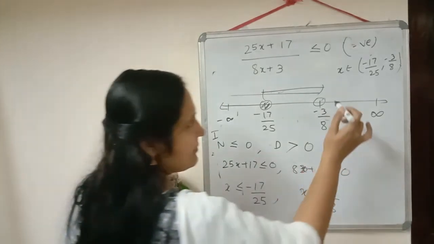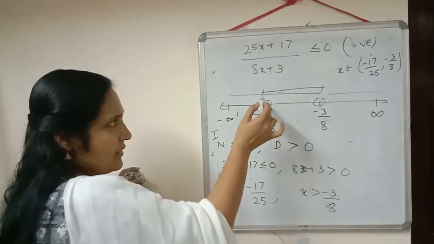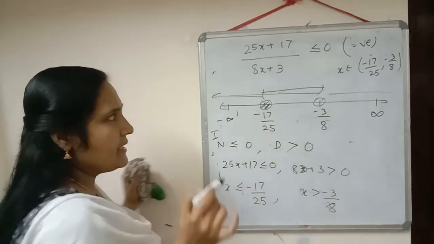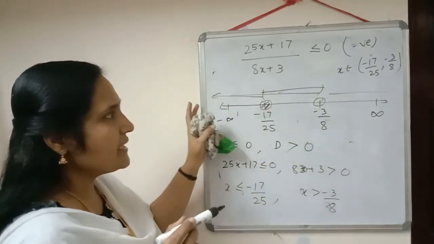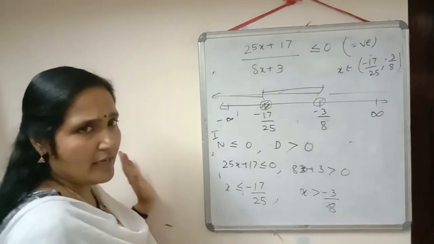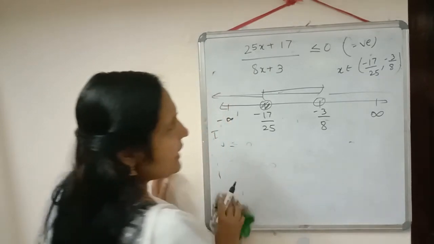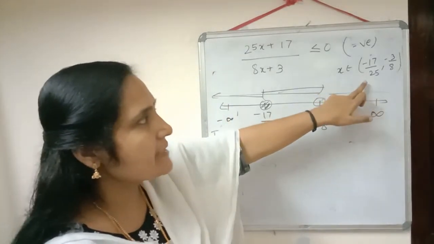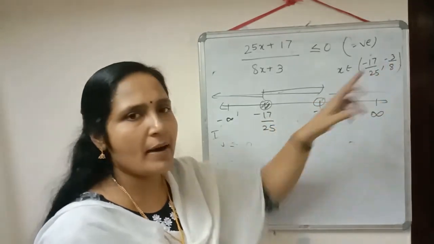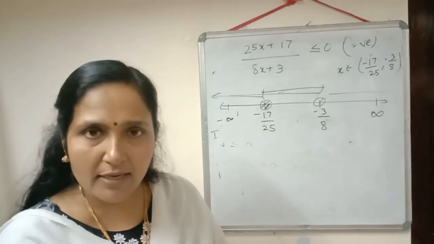Greater than minus 3 by 8 means we go on this side, and less than or equal to minus 17 by 25 means again these two regions are not meeting anywhere. So in this case we don't have any solution. So we are getting only one solution, that is x belongs to minus 17 by 25 comma minus 3 by 8. So I hope these questions are clear to you.